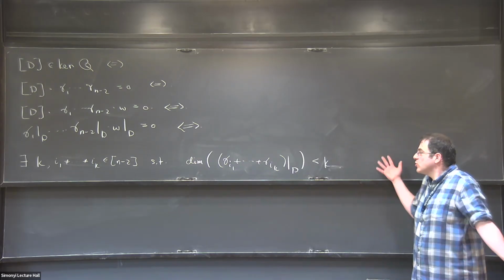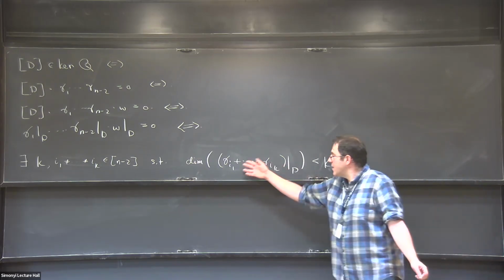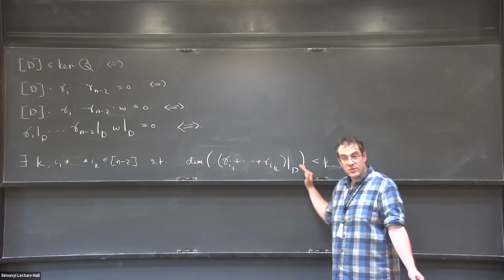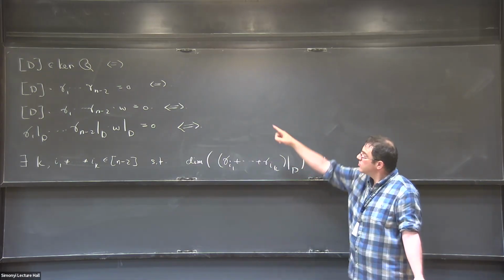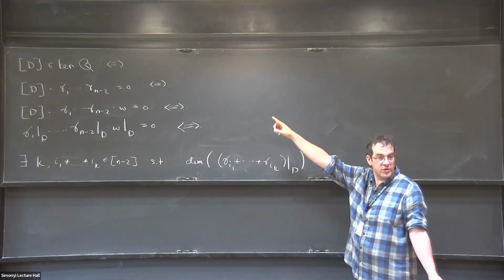And then this is a kind of combinatorial condition. It just says something about the dimensions of the restrictions of these divisors to D, to the irreducible variety.